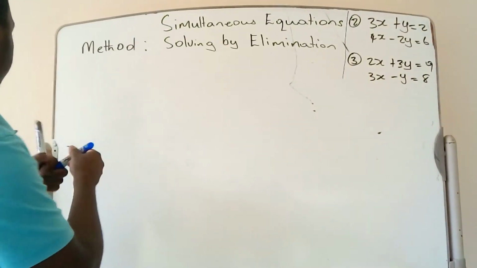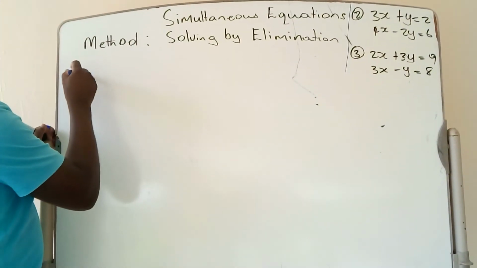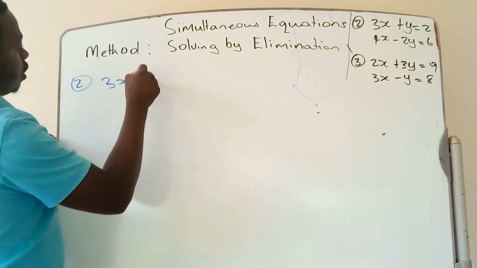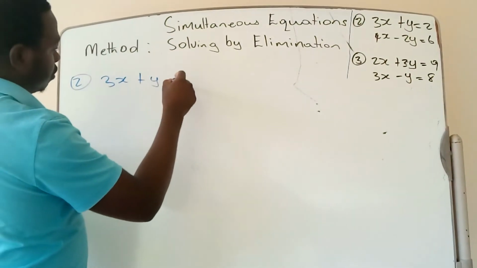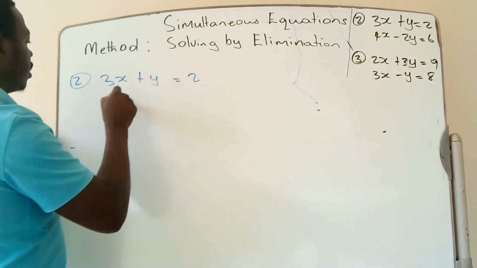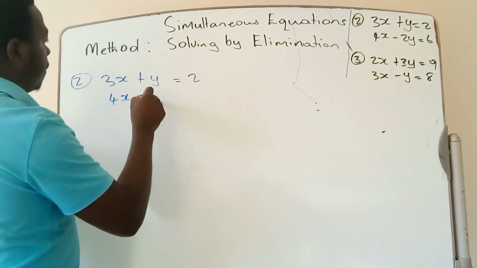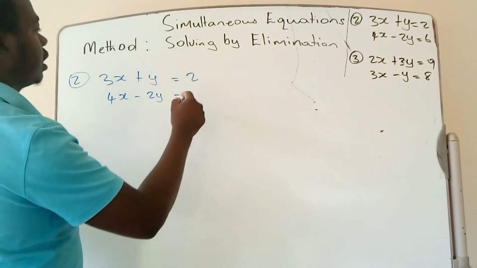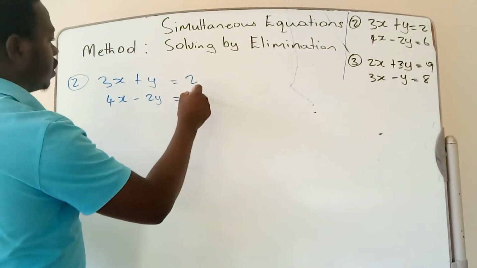The second problem, number 2, we have 3x plus y equal 2, and then we have 4x minus 2y equal to 6.